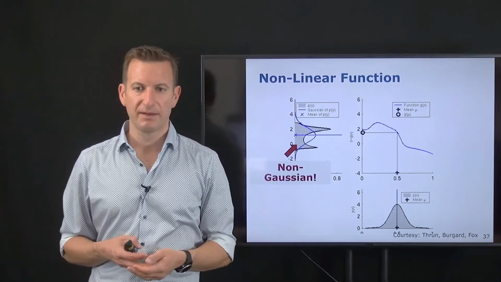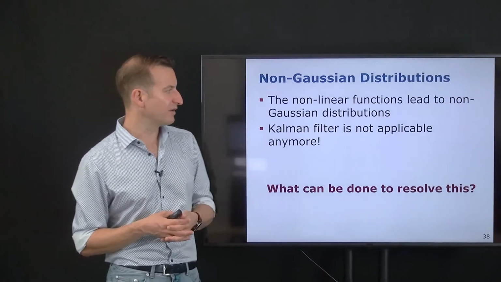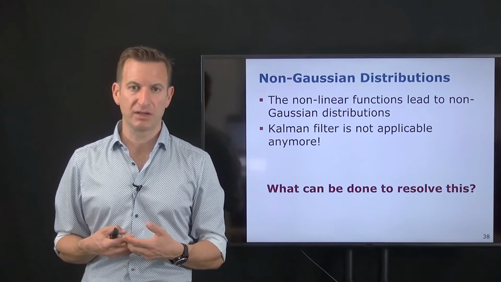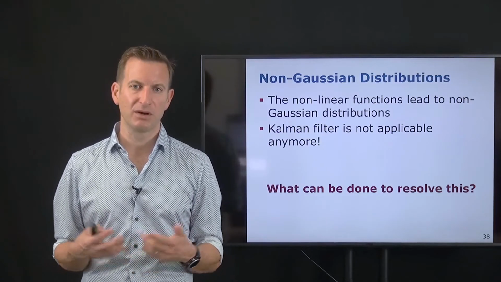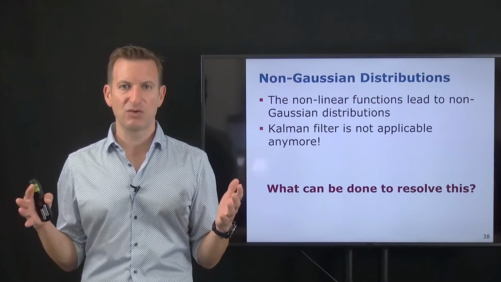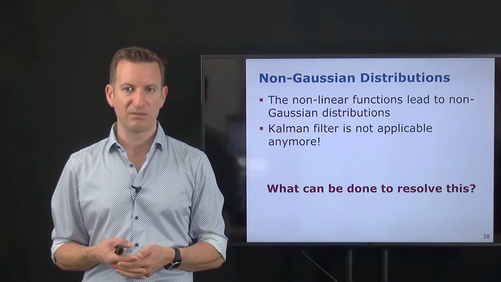So that's a problem that we have. If we put a Gaussian through this nonlinear function, then the output will not be a Gaussian anymore. As a result, the Kalman filter is not applicable anymore, because we are leaving this Gaussian world, and as soon as we leave it, the Kalman filter can't handle that anymore.